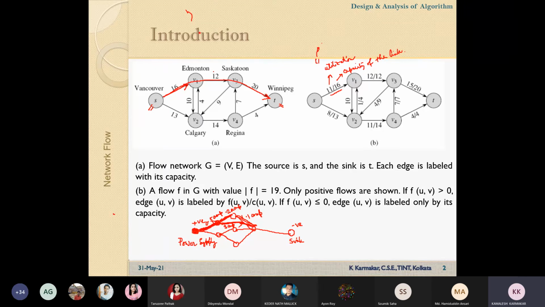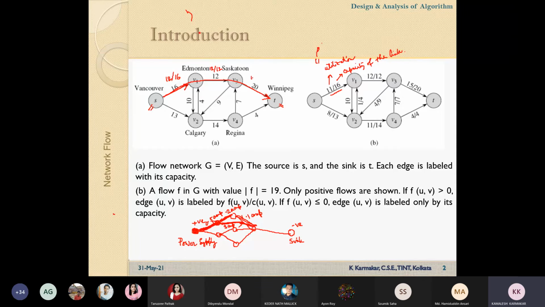So after allocating this 12, if I use this 12 unit through this path, what will be the value? 12 unit is utilized out of 16 in this path. 12 unit is utilized out of 12.